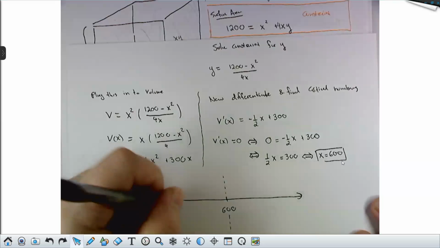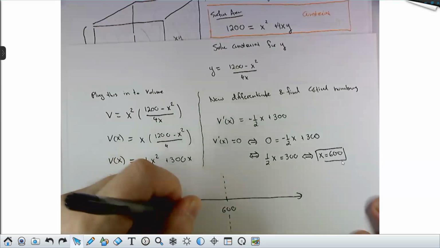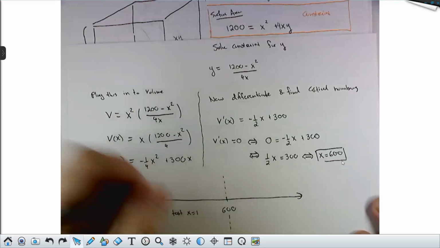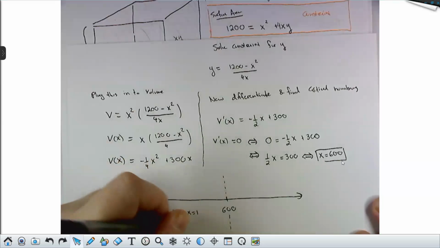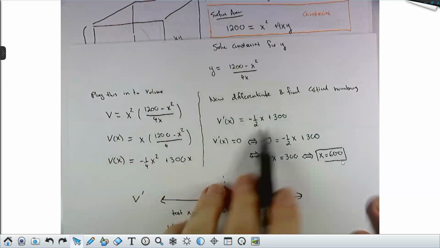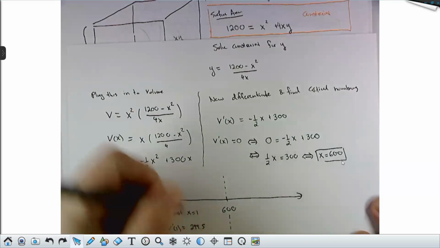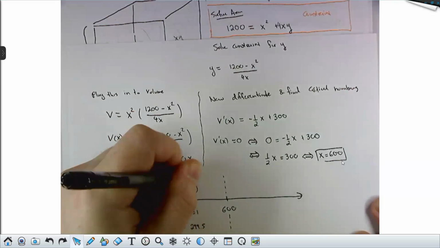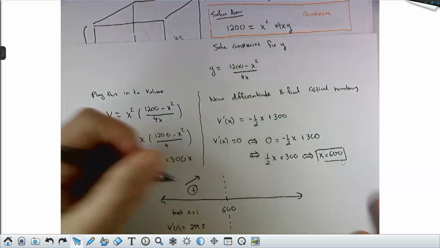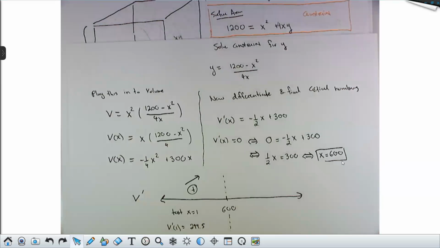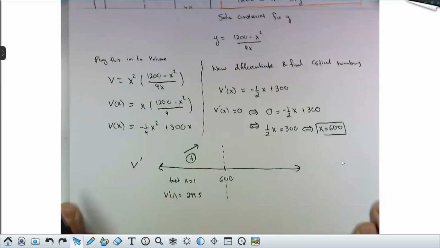If I test x equals 1, v prime of 1 is -1/2 plus 300. That's 299.5, which is certainly a positive number. So the volume is increasing until we get up to x equals 600.